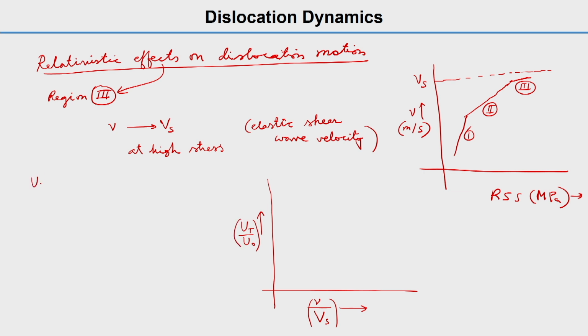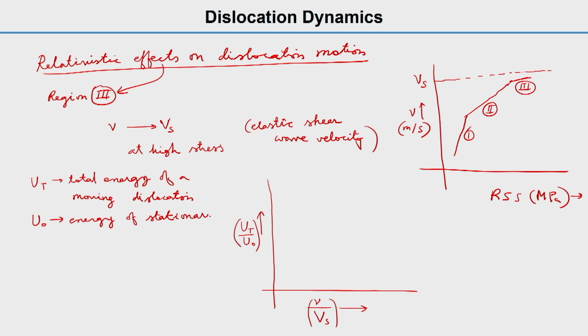Ut here is the total energy of a moving dislocation, and U naught is the energy of a dislocation at rest, or the energy of a stationary dislocation.